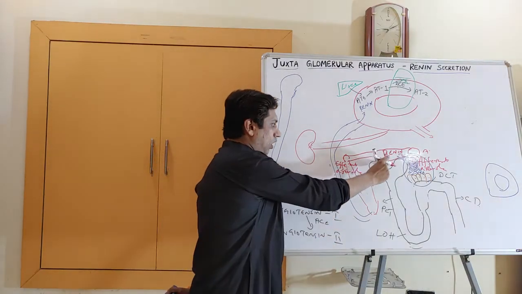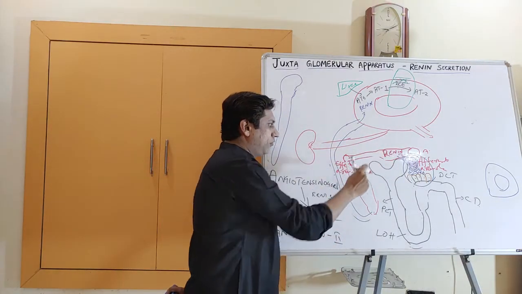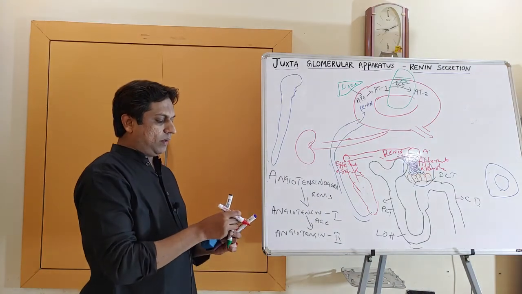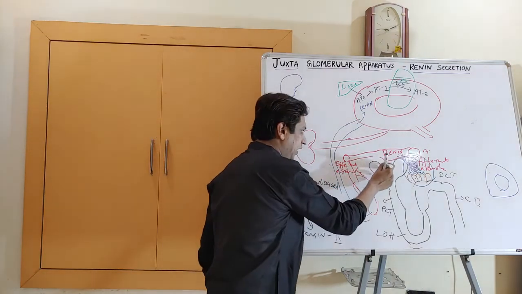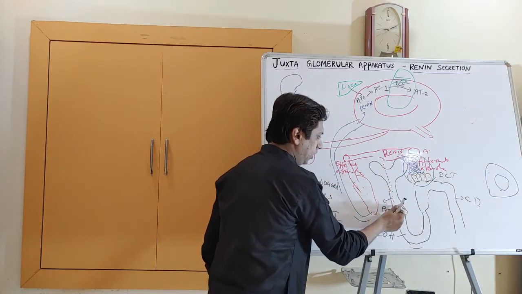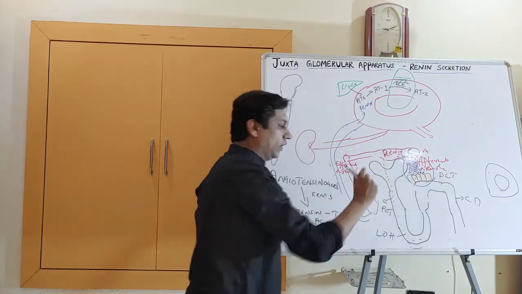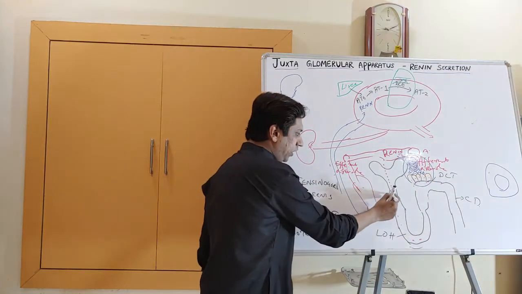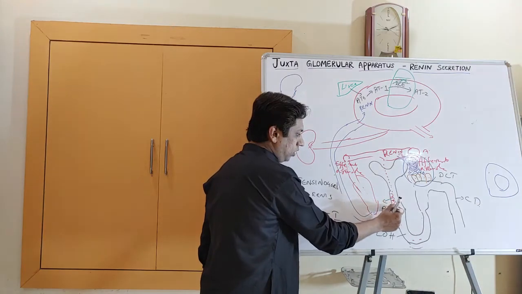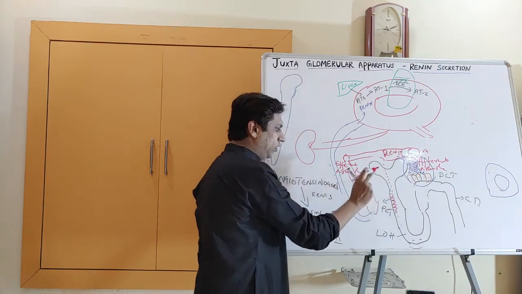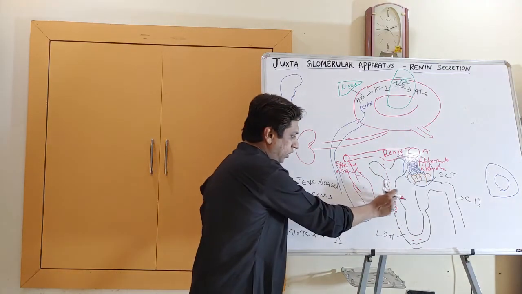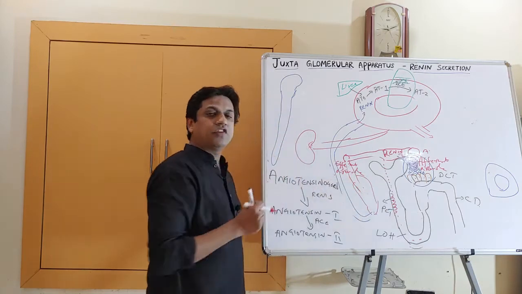Then, due to the decreased blood flow, the blood is filtered in the Bowman's capsule and finally excreted as urine. In the proximal convoluted tubule, around 65 to 70% of the sodium is reabsorbed.